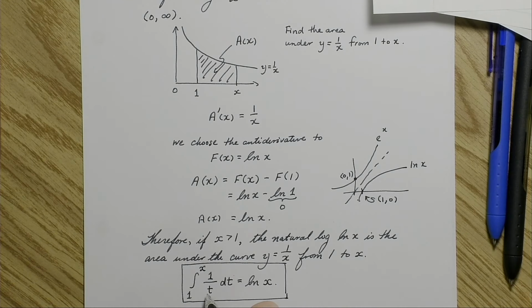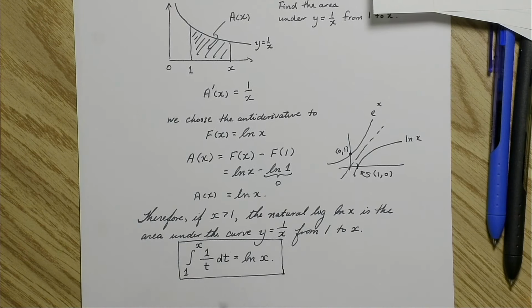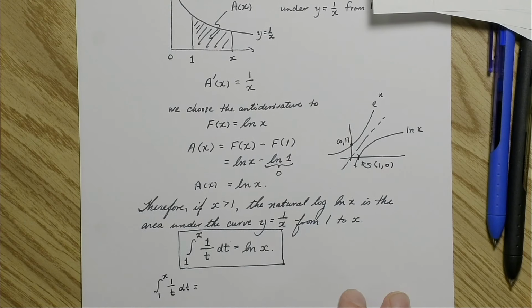Why am I using this t? It's a dummy variable, because when I need to do the integration, the integral from 1 to x of 1 over t dt is equal to ln of t.